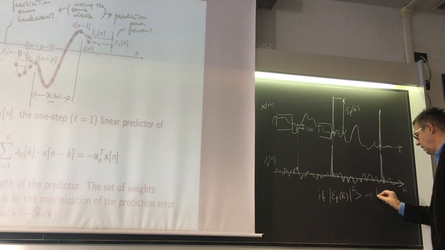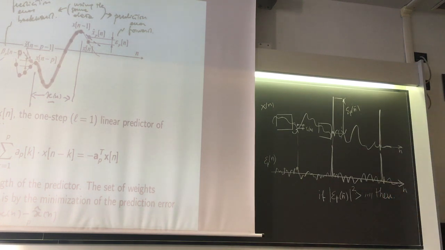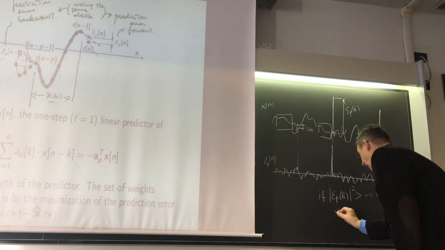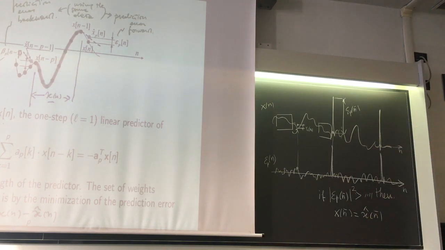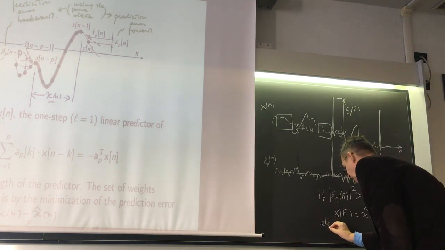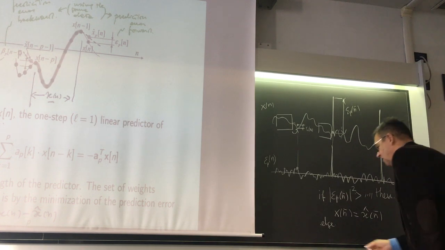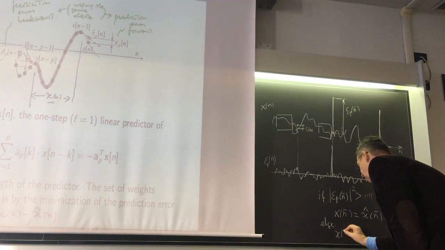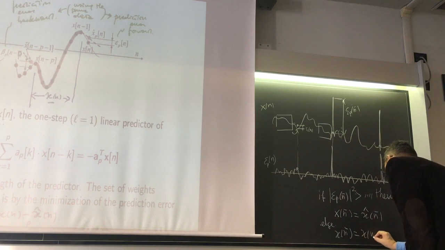If larger, then replace x[n] equal x hat, and else, if it is smaller than that, leave as it is. So it means x[n] is equal to x[n].